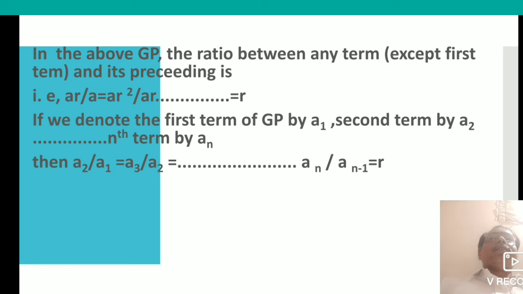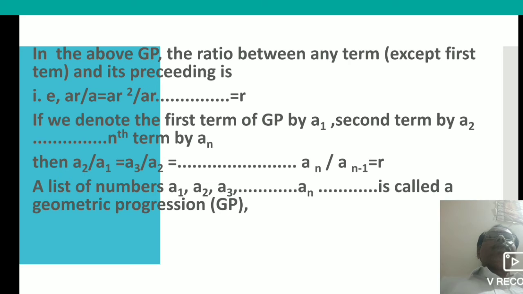That means the ratio of the successive term and the preceding term is equal to r. So here we are getting the common ratio. That's why we take r as a common ratio. Simple. The list of a1, a2, a3, an and so on is called a geometric progression. Are you clear?